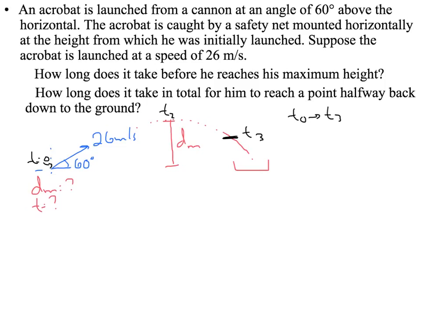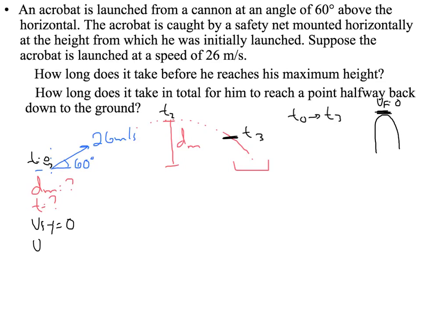Now A says time to reach the maximum height. So look at the vertical component only and find that VFy in this case will equal 0, of course, because it's going to stop sort of like this kind of trajectory. As it reaches the top, the VF is 0. It's not traveling upwards anymore.